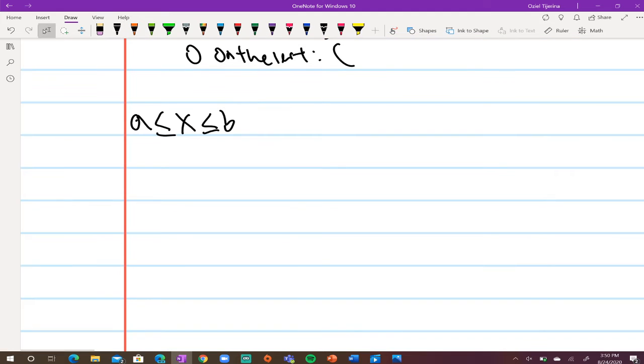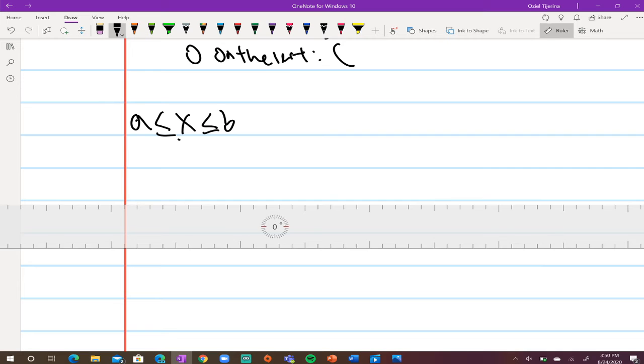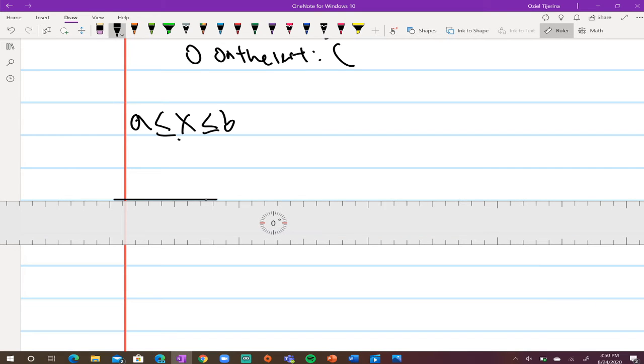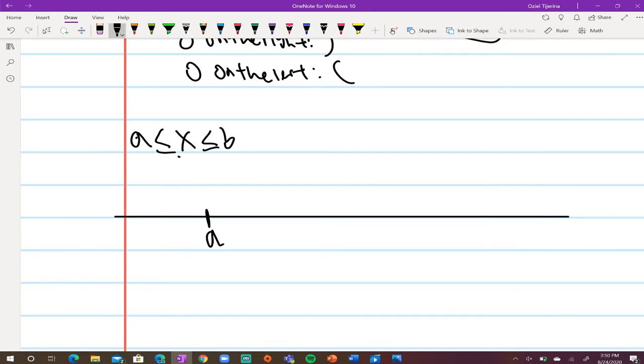We have here, this is going to be from A to B, so basically you have this, and you're going to plot A and B, so it's the same exact thing.